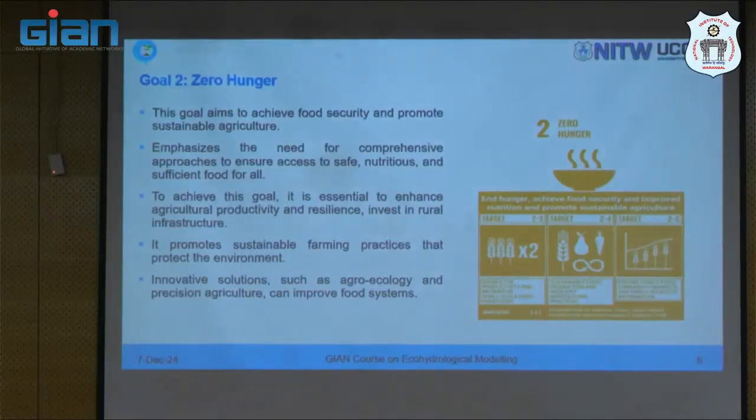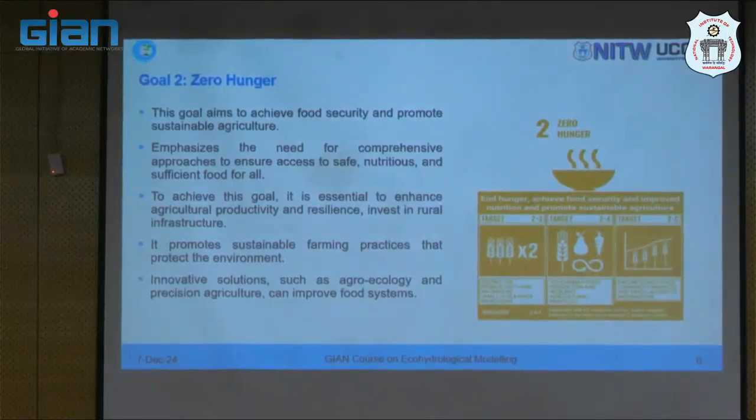What is happening is you look at any society, whether it's India or US or anyone else for that matter, and malnutrition and obesity coexist in the same society.